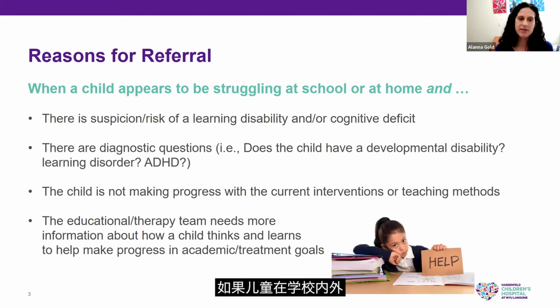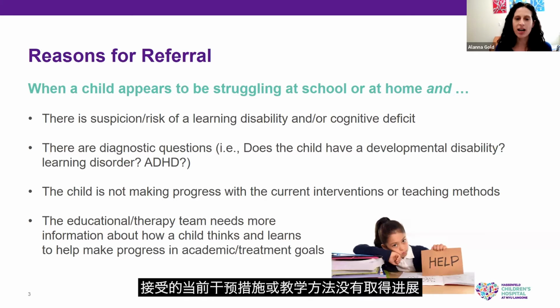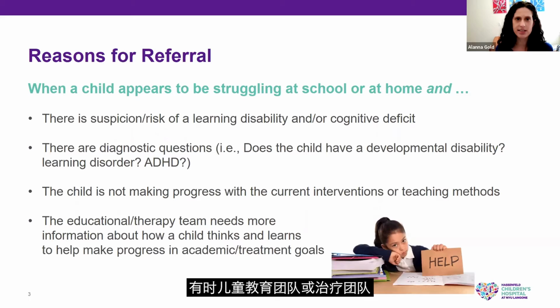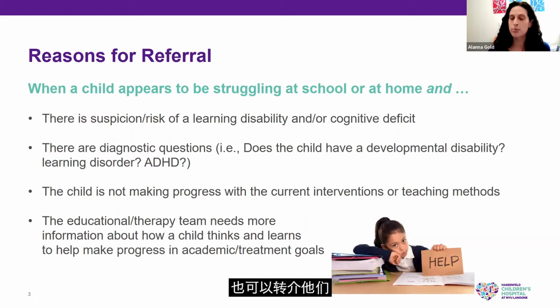They also may be referred if the child is not making progress with the current interventions or teaching methods that they're receiving both in and out of school. And sometimes a child's educational team or treatment team needs more information about how a child thinks and learns and how to help that child make greater progress.